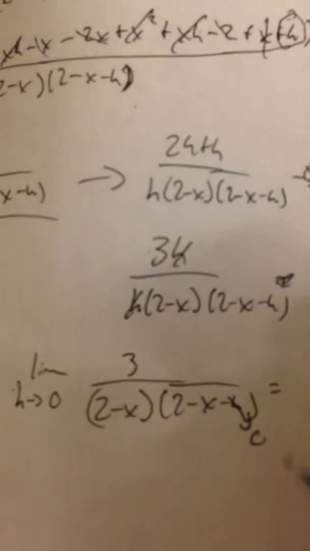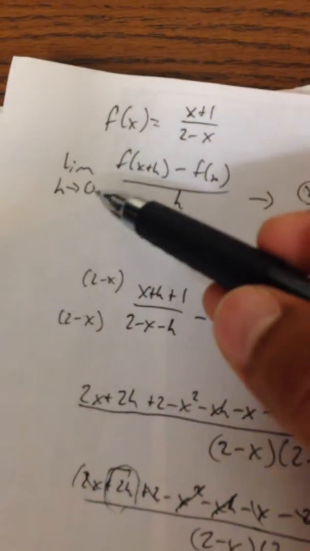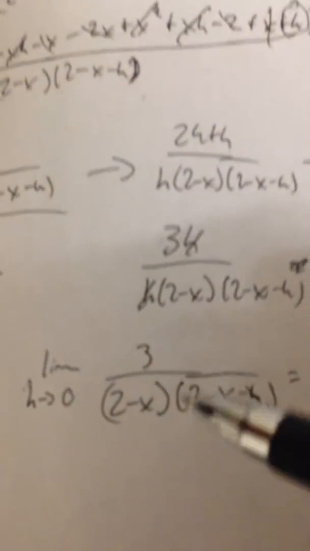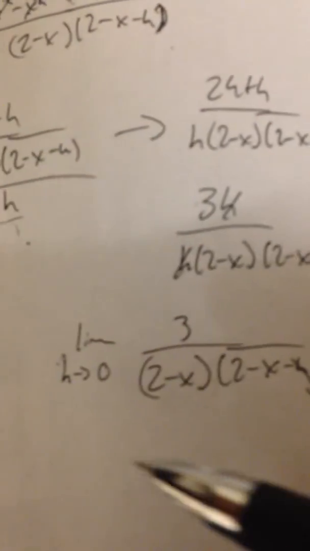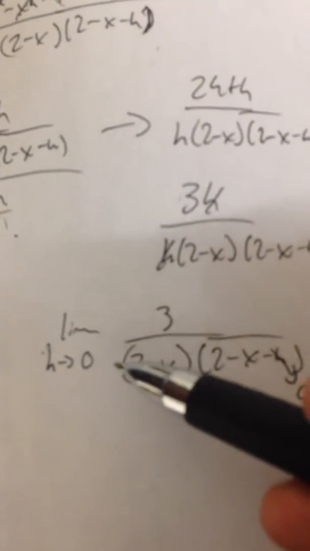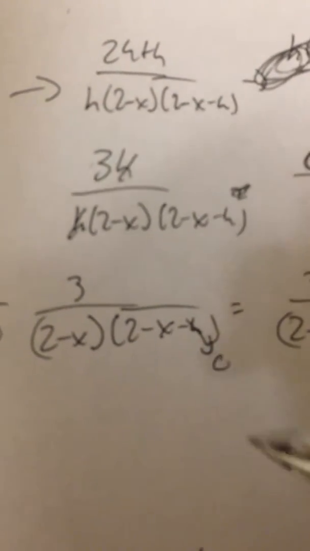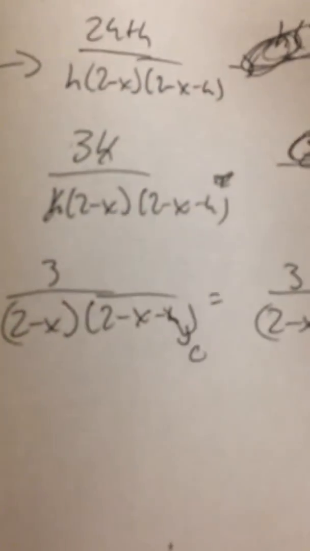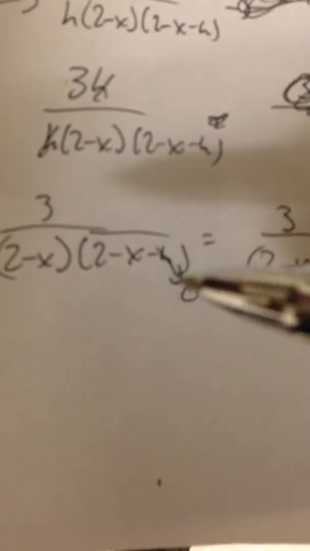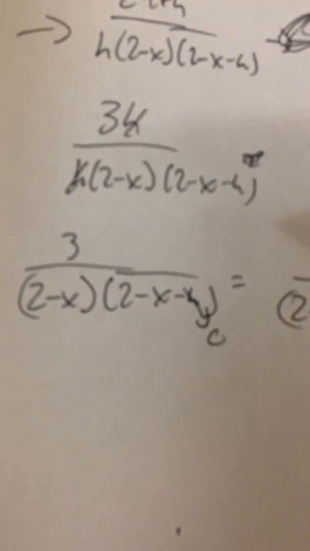The last step is to bring back the limit that we had all the way up here, the limit as h approaches 0, because it's relevant now. You have 3 over 2 minus x times 2 minus x minus h. But because h approaches 0, h is getting closer and closer to 0, so we can just ignore it and assume it takes the value of 0.